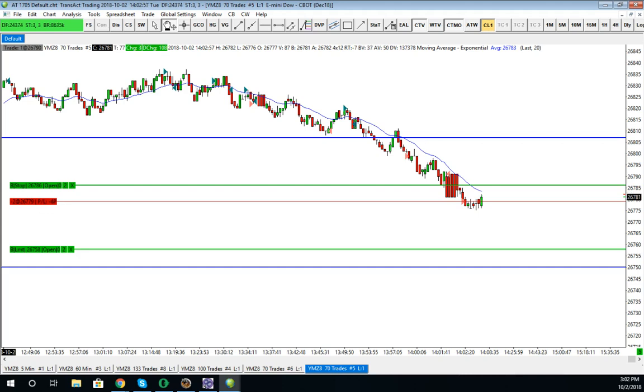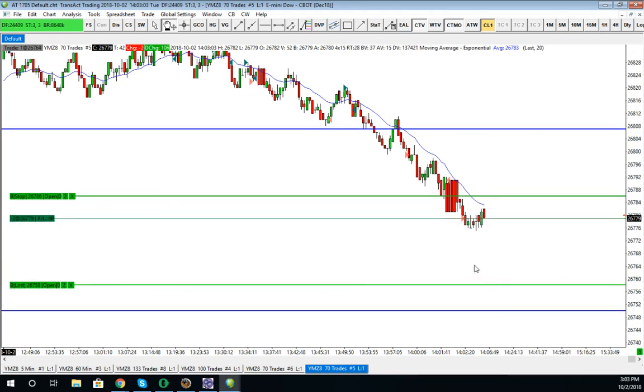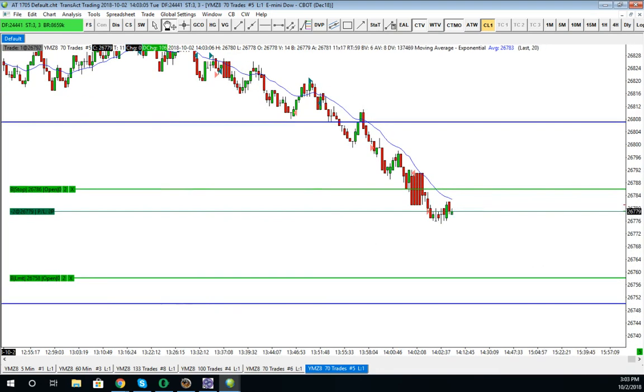Stop out. It's kind of tight. The way the market's moving now, it's kind of tight. We get another 40 bucks out of this.